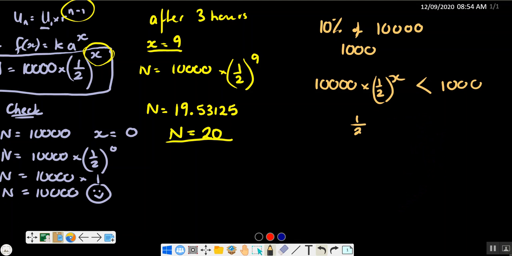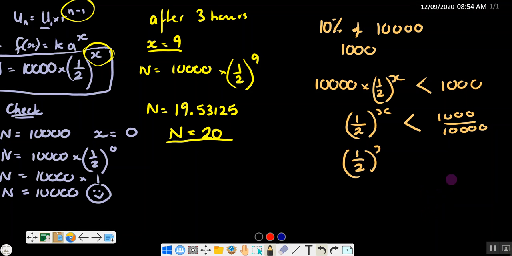So a half to the power of x needs to be less than 1,000 divided by 10,000, which means a half to the power of x needs to be less than 0.1. Make sense?